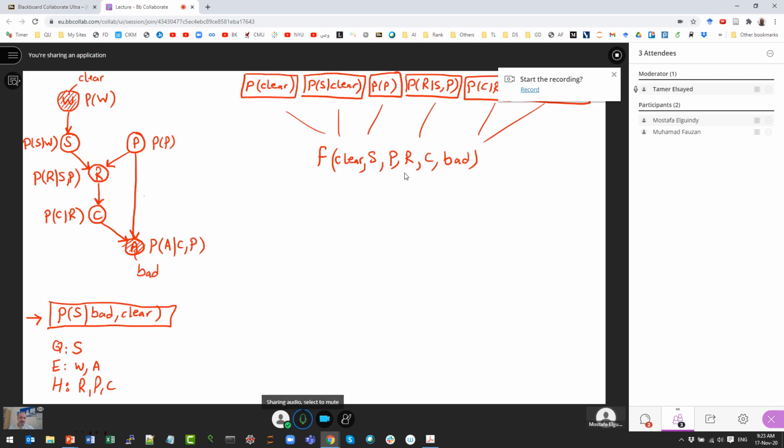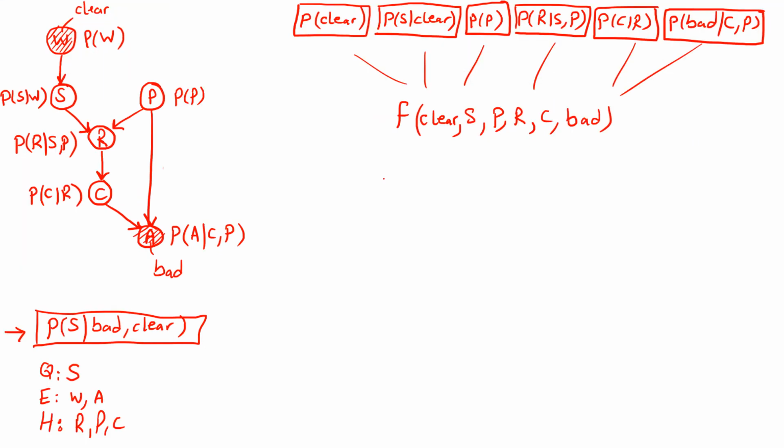Any guess? So S is what? S is 3. Clear is 1, because now it's observed. If it's W, then W would be 3 also.